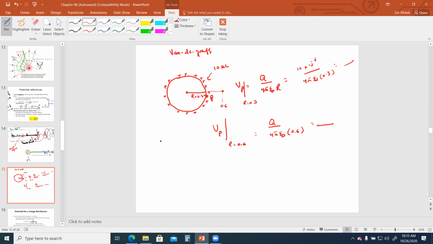You can calculate Vp at R equals 0.9 too: Q over 4 pi epsilon naught times 0.9. You can calculate different locations, right? So when you touch, you can do many things, right? Any question here? No question, sir.